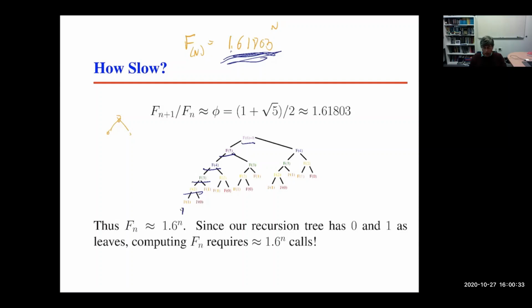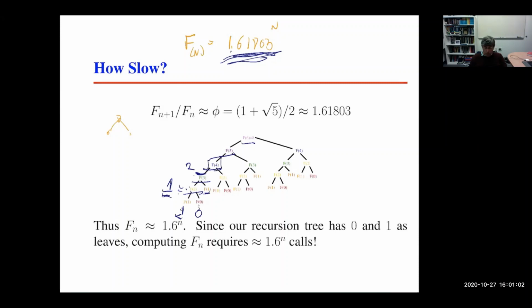This is 1. I have it in my table. I'm going to look up this. This is 1. It's in my table. Now I know that fib of 2 is equal to 1. In order for me to compute fib of 3, what am I going to do? I'm going to go to fib of 1, but now fib of 1 is in my table. So I'm going to add 1 more, and fib of 3 is going to be 2.